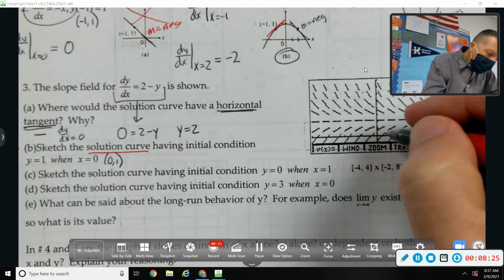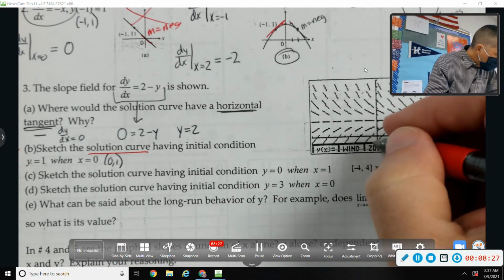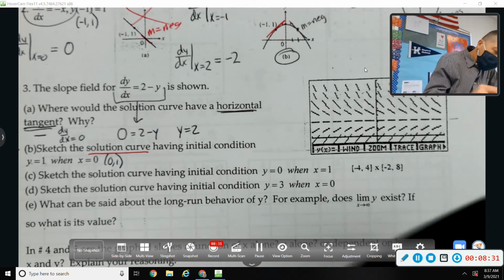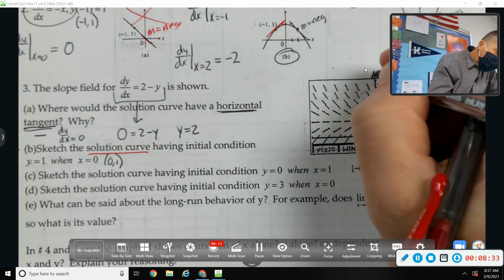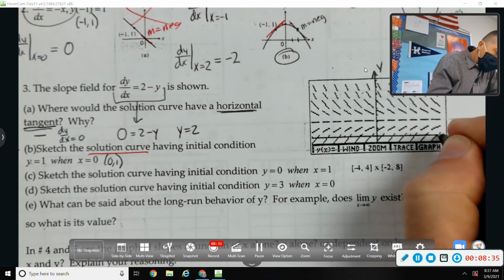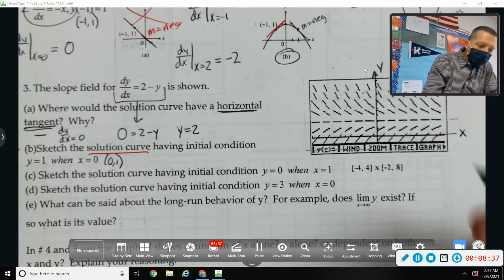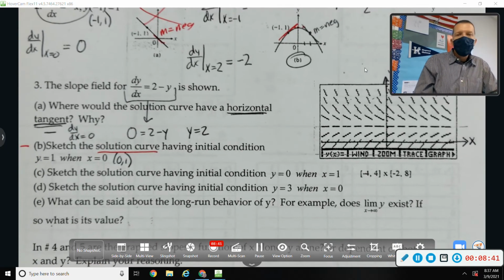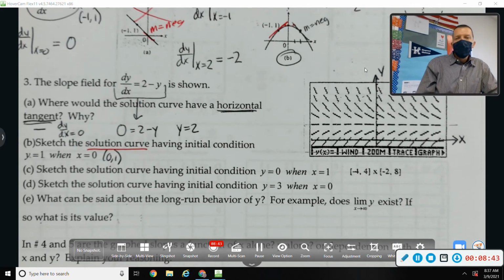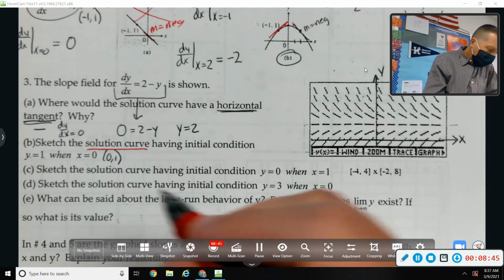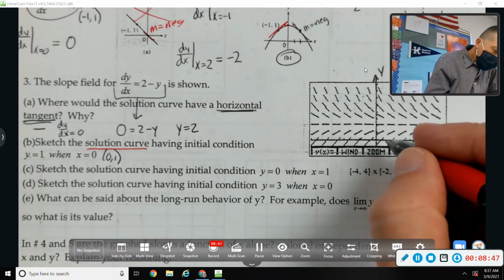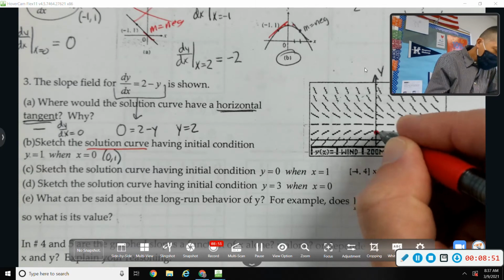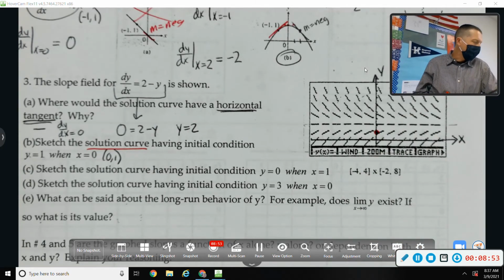It's hard to see the x and y axis on this, but there's the x and y axis right there. So at 0, 1, that would be right about there. x equals 0, y equals 1.